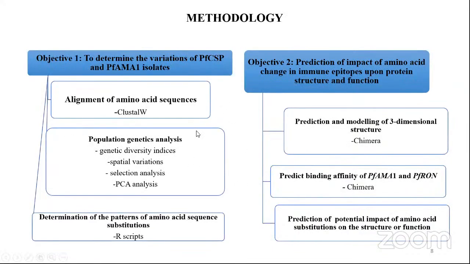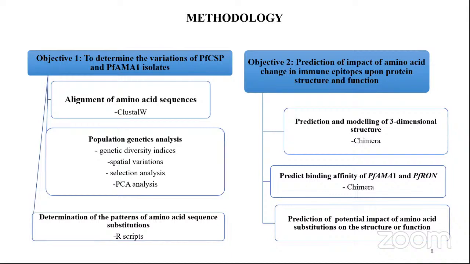So the first part of our objectives is almost done. We have aligned amino acid sequences, and we have done some population genetic analysis. We've done some genetic diversity indices, where we looked at nucleotide diversity, haplotype formations, haplotype diversities, and spatial variations between our 2 or 3 sites in the Ghanaian population, and we also did some PCA analysis.